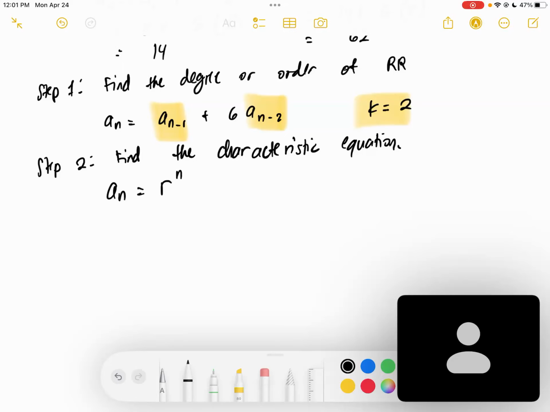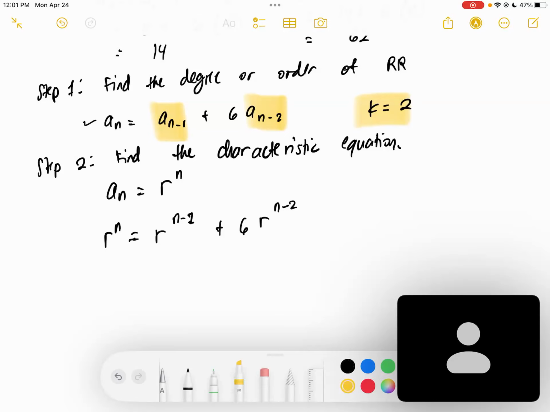So we simply have to substitute or replace that with r raised to n. So we will have r raised to n equals r raised to n minus 1 plus 6 times r raised to n minus 2.